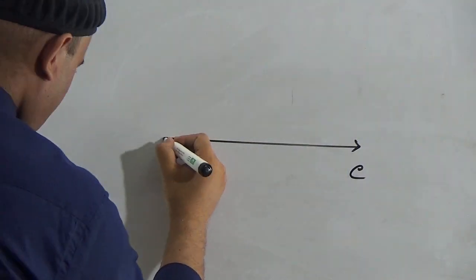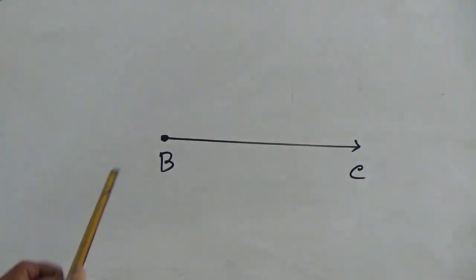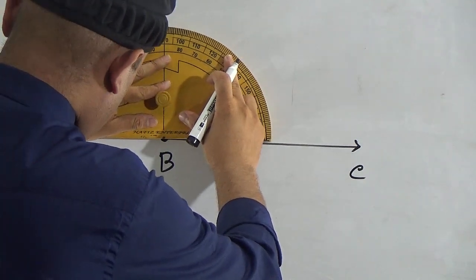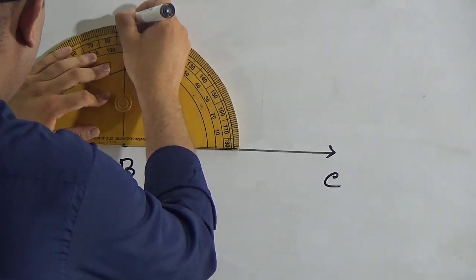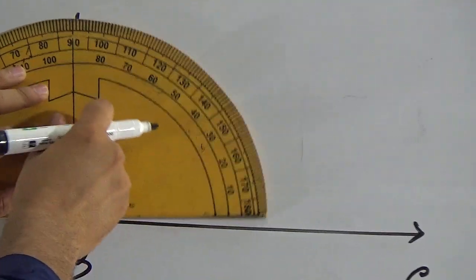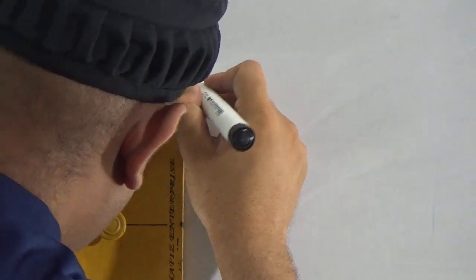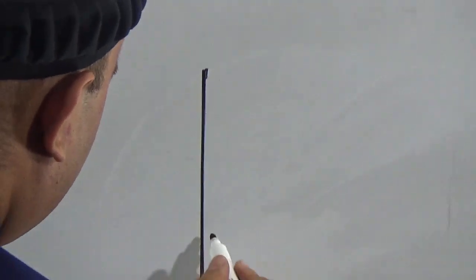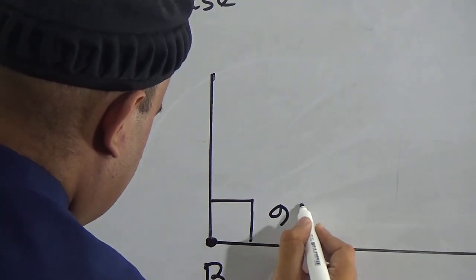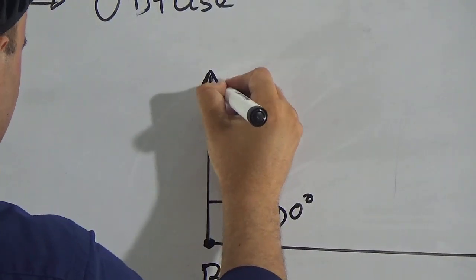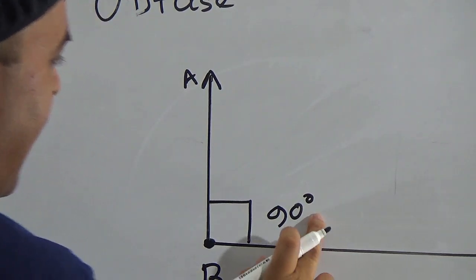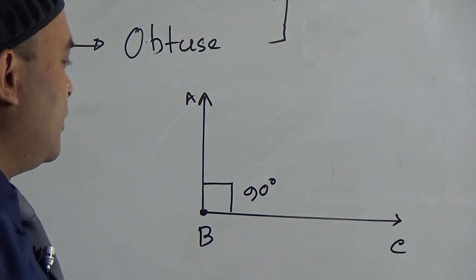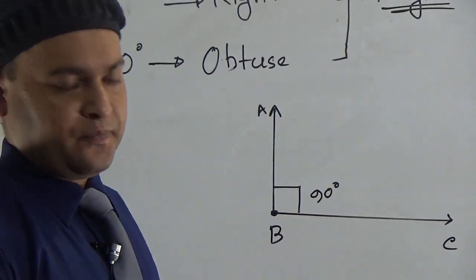Then mark a point, keep the protractor this way, and here there is the 90 degrees. Then mark and join these 2 points, and it will be 90 degrees. If I denote this one by A, then I can say ABC is a right angle whose measure is 90 degrees.